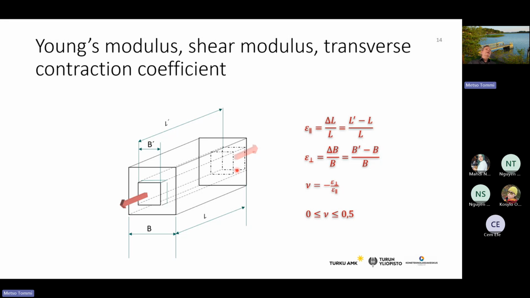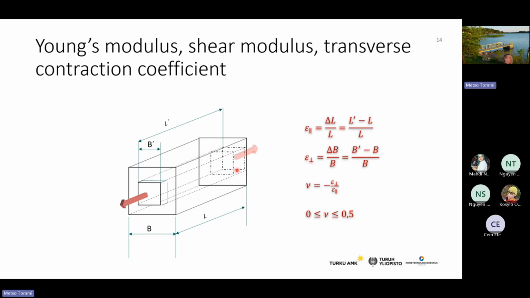And if you think about rubber, if you pull a rubber string, you can see how the deformation affects the other dimensions. So actually the volume of this rubber string stays the same even if we pull the rubber string.